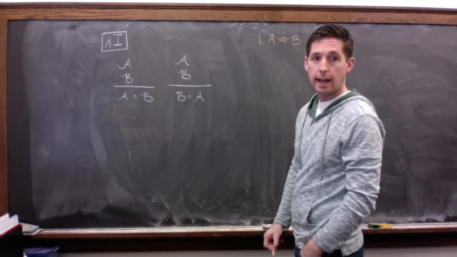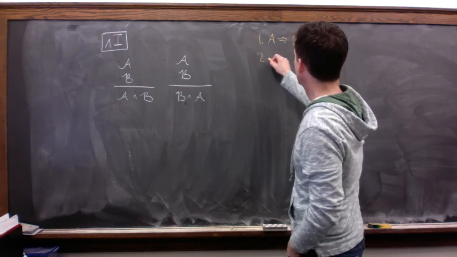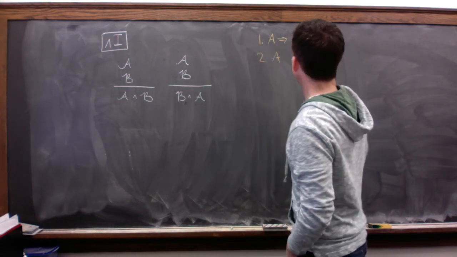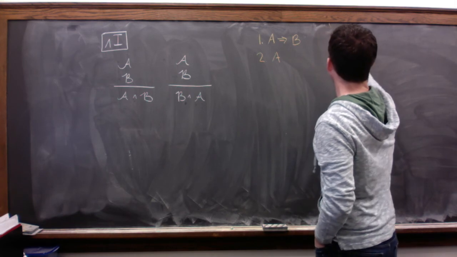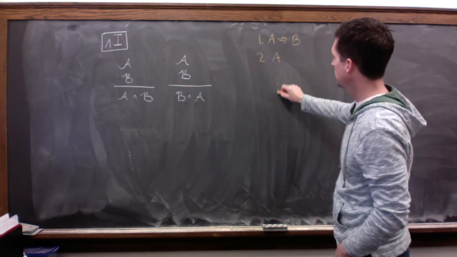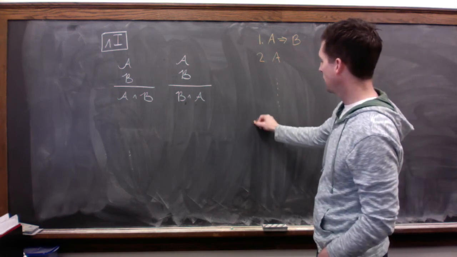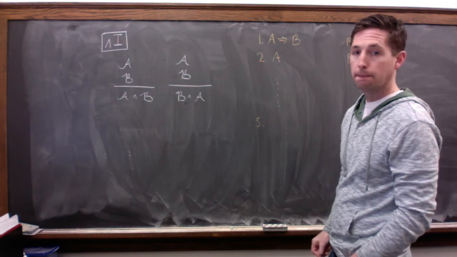Premise 1 is A arrow B. Premise 2 is A. And suppose, doesn't matter what we're trying to prove at this point, suppose we've gone several steps through in our proof, and we're now at line, say, 5, if you like.